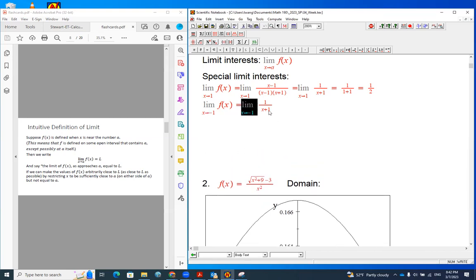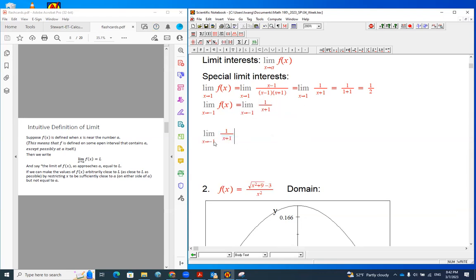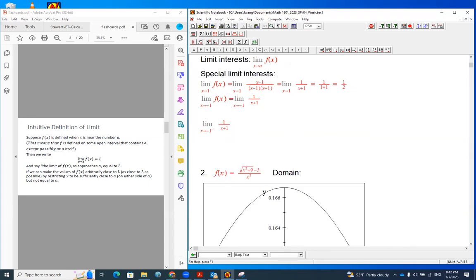Okay, so we're going to look at the limit from left, which is smaller than -1. So you can see the negative sign here, right?